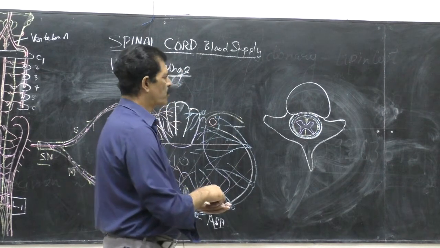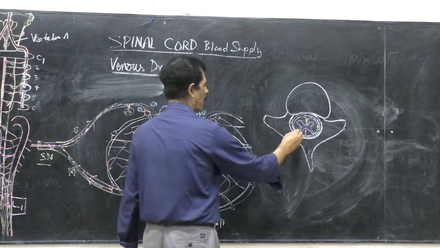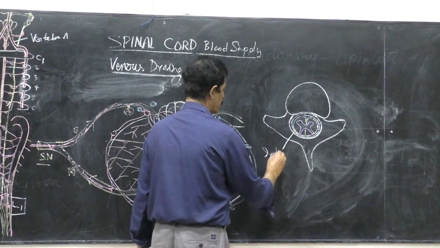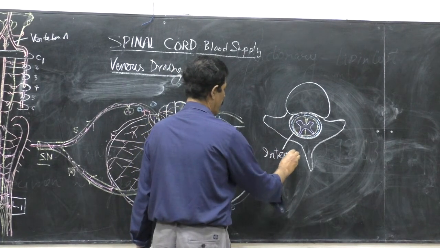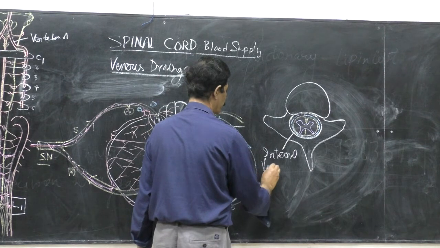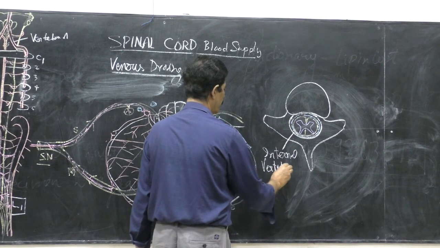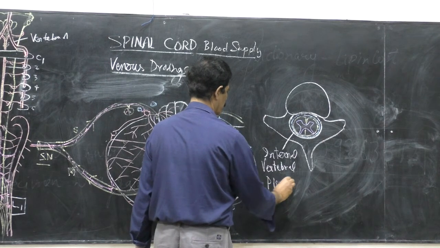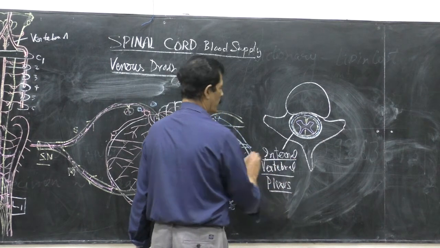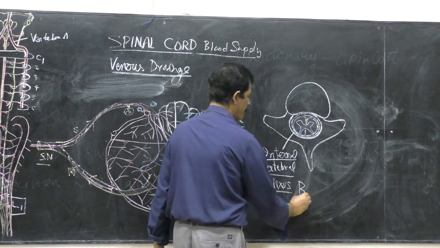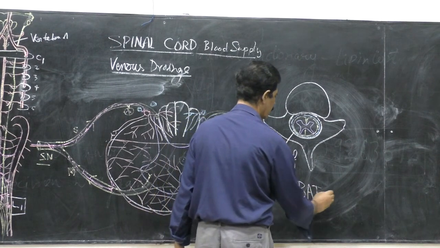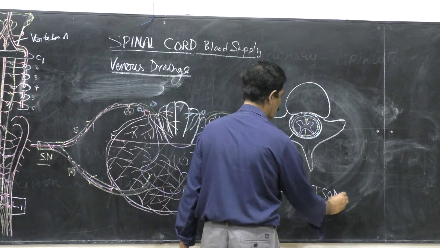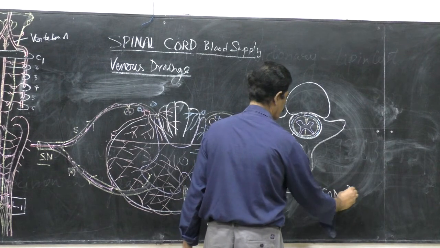This plexus, which is so formed, is called the internal vertebral plexus, or also called Batson's plexus.